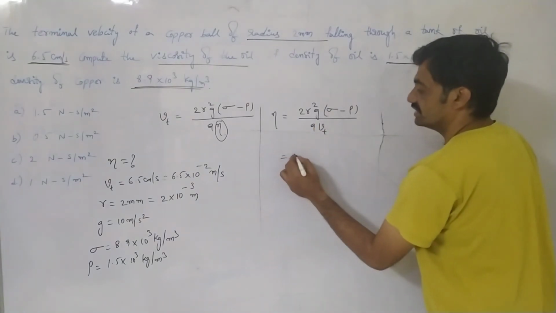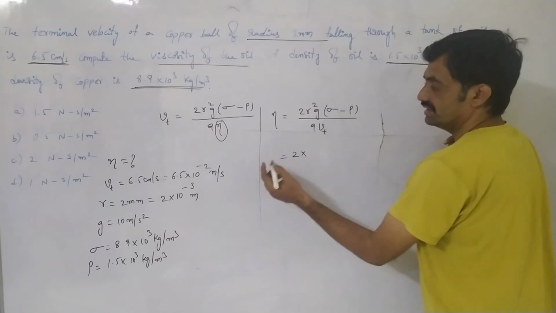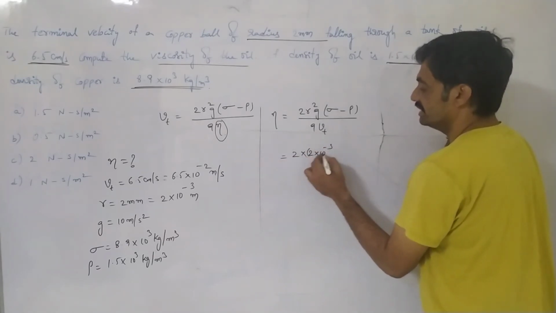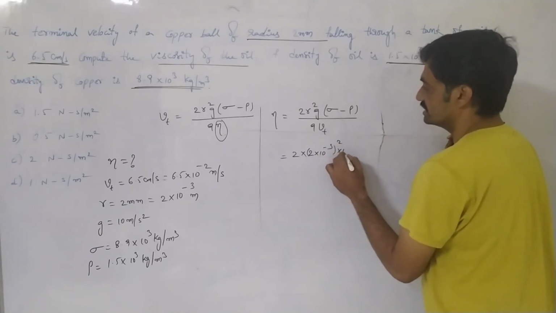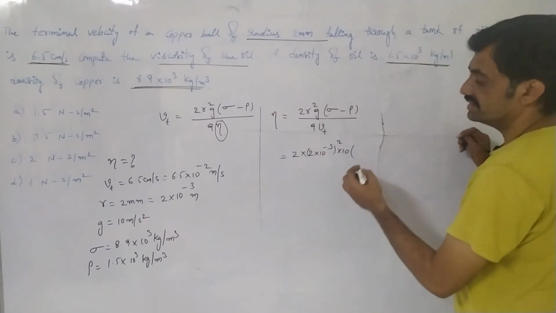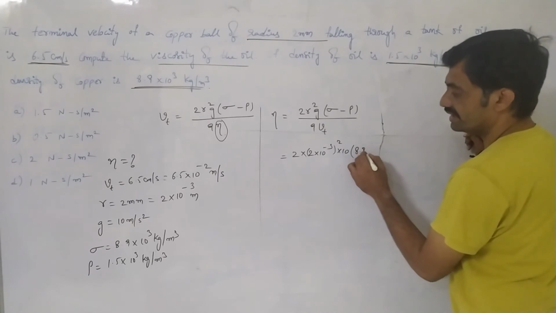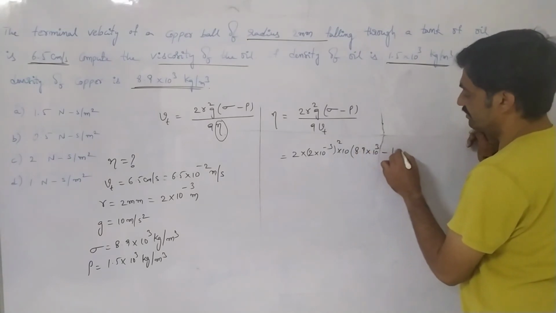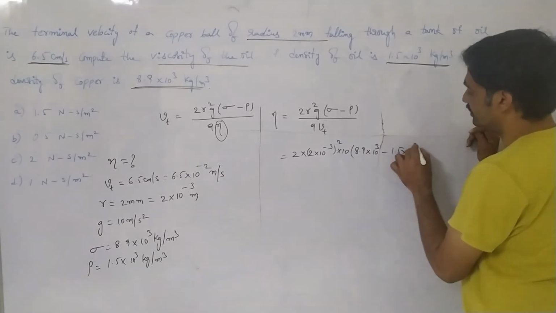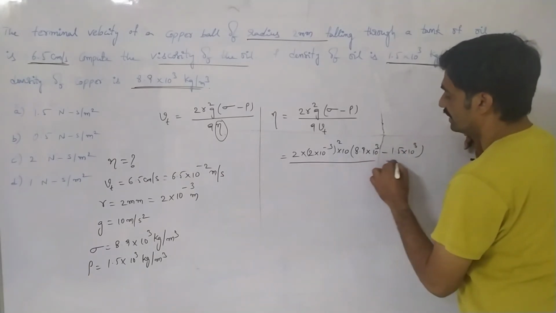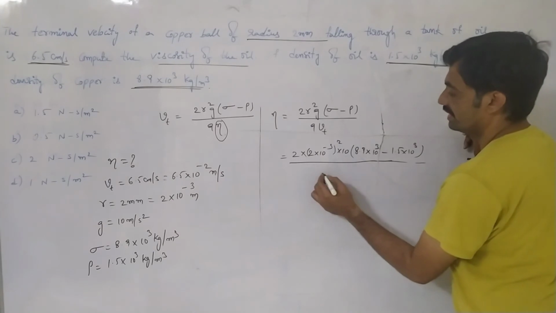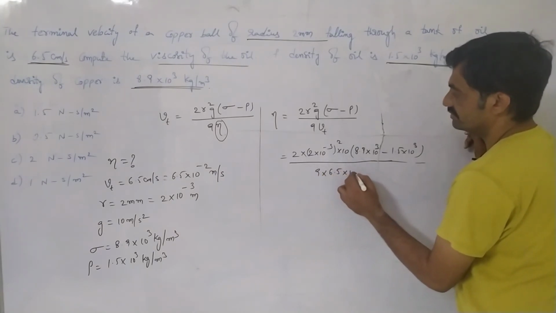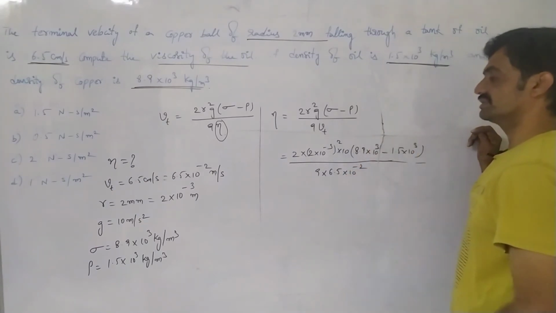So observe that it is 2 into (2 into 10^−3)² into 10 into (8.9 into 10³ minus 1.5 into 10³) by 9 into 6.5 into 10^−2.